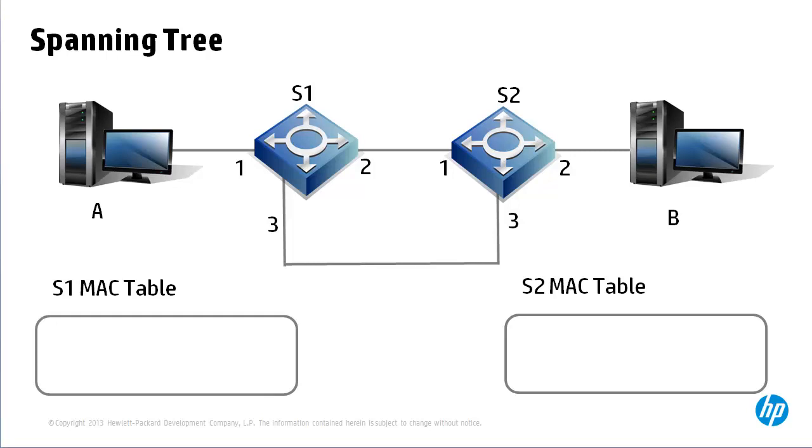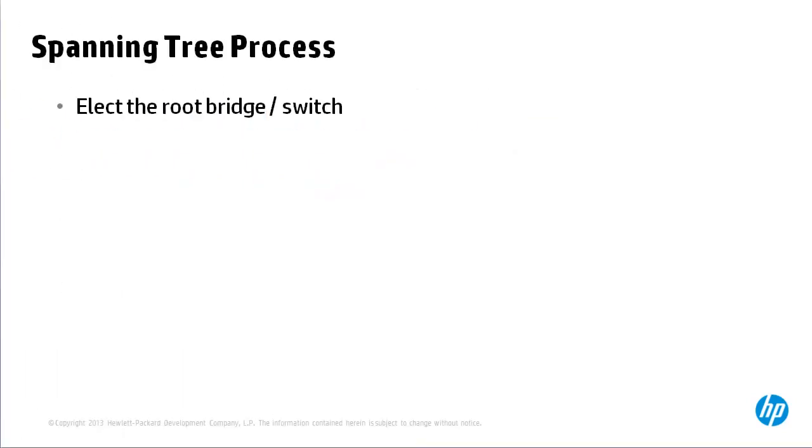But now let's discuss how Spanning Tree stops loops in switched environments. When switches start up, they send out what are called Bridge Protocol Data Units, or BPDUs. That's how the switches discover one another and can then elect a root bridge or root switch.